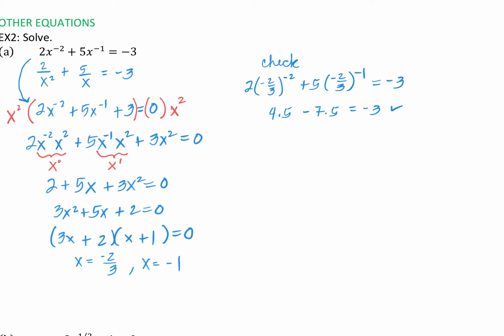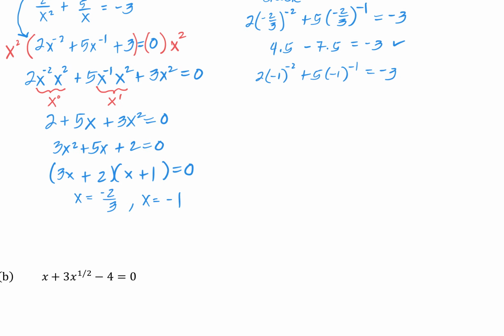The other possibility was a negative 1. So 2 times negative 1 to the negative 2 plus 5 times negative 1 to the negative 1. Is that equal to negative 3? So negative 1 to the negative 2 turns into a positive 2.